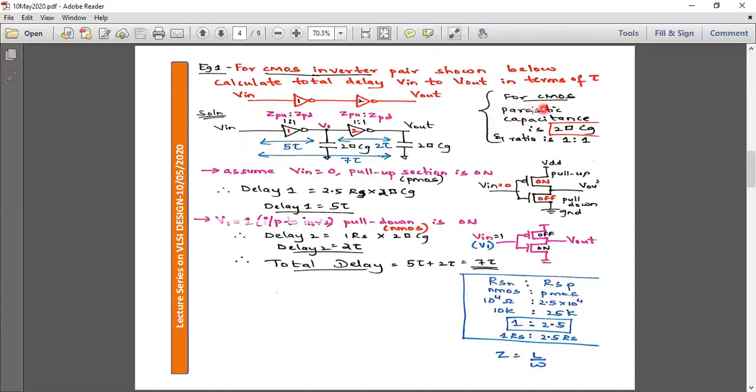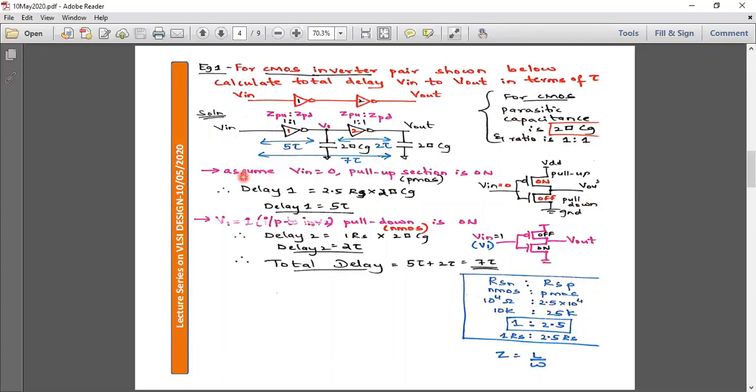For CMOS inverters, the parasitic capacitance is 2 Cg. A CMOS inverter has a PMOS as a pull-up device and an NMOS as a pull-down device, so the ratio is 1:1. Pull-up ratio and pull-down ratio both are 1. Inverter 1 and inverter 2 both have a pull-up to pull-down ratio of 1:1.